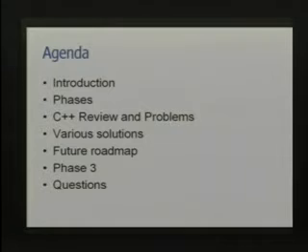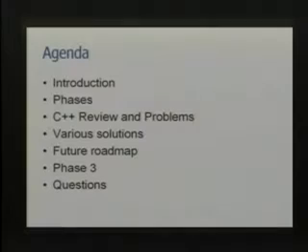Then I'll cover various solutions, some discovered by me, some discovered concurrently by me and someone else, and other solutions that other people have worked on and discovered themselves. Then I'm going to talk about the future roadmap, where this should be going, and part of that is phase 3, which is what I refer to as a software JTAG, and go into that.